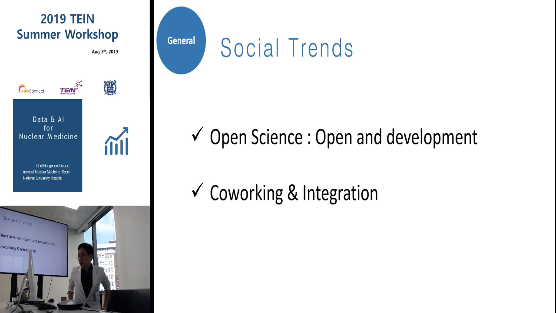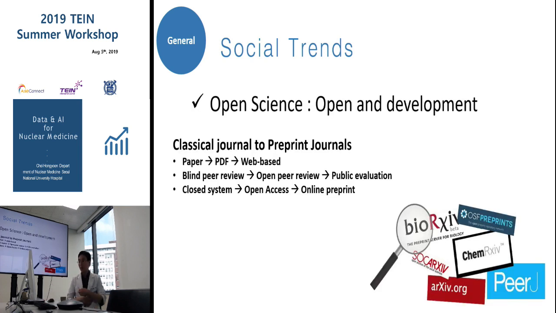Another social trend, one of the biggest social trends, is open science. It's related to open development. Let's think about the classical journal system. We usually write a manuscript and submit it to specific journals such as Nature, Science, Journal of Nuclear Medicine, or Nuclear Medicine and Molecular Imaging.